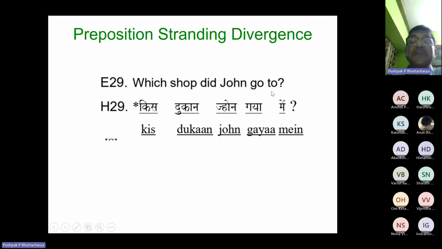But English allows preposition stranding. Which shop did John go to? So to can go to the end, separated from shop. So किस दुकान में John गया? So this cannot go to the end in the Hindi sentence. So preposition stranding is not allowed in Hindi. It is a matter of divergence, and it's a structural divergence. English allows preposition stranding. Hindi doesn't allow.